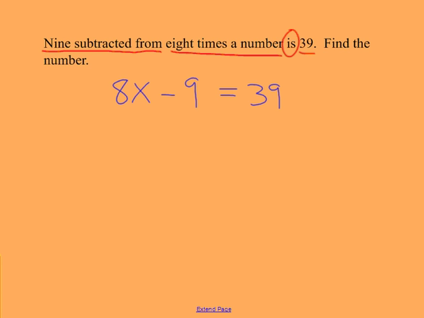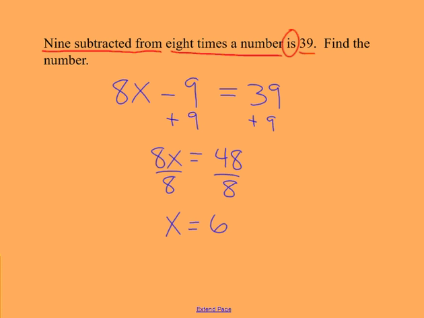Now we have to find the number, meaning solve for x. So we're going to add 9 to both sides, and we're going to get 8x equals 48. Now we divide both sides by 8, and we get x equals 6. And of course, we can check this.